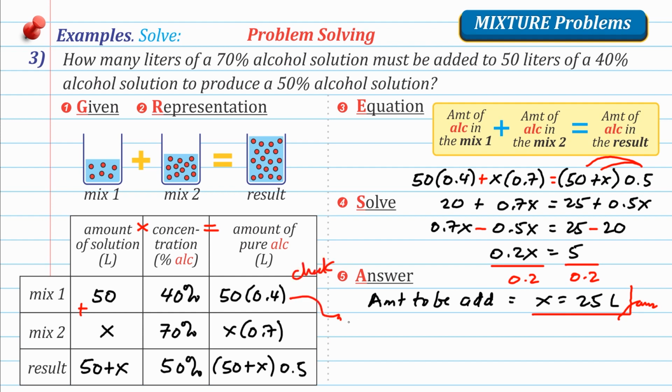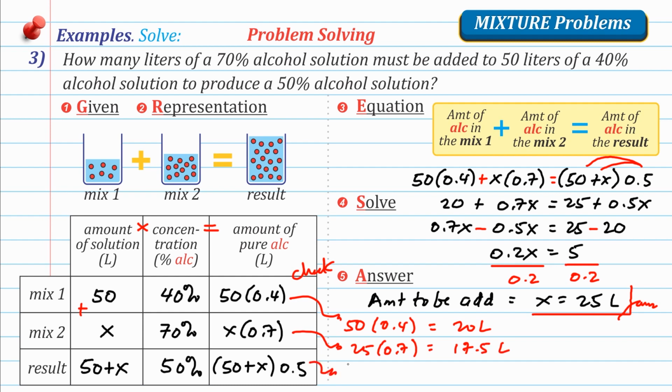So doing that, we have 50 times 0.4. Now this is equal to 20 liters. That's the amount of pure alcohol in mix 1. In mix 2, we have x, which is 25, times 0.7, which is 17.5 liters.